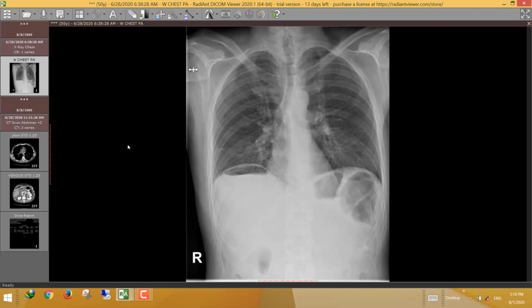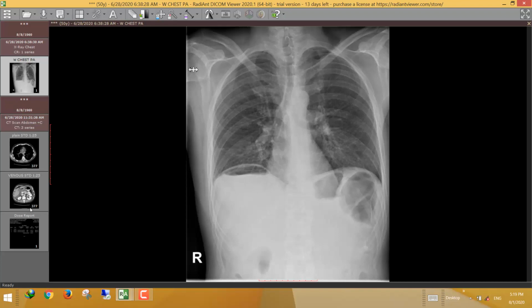Okay, this is a 50 years old patient who came to the ER with severe abdominal pain. His X-ray reveals air under the diaphragm with an air fluid level seen at the right diaphragmatic copula.